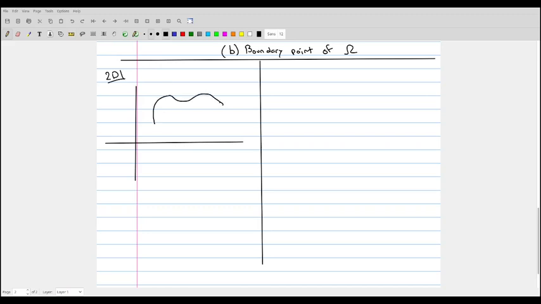Maybe it looks like this, and this is the region D that we're optimizing over. And then maybe the level curves of the function look like this.